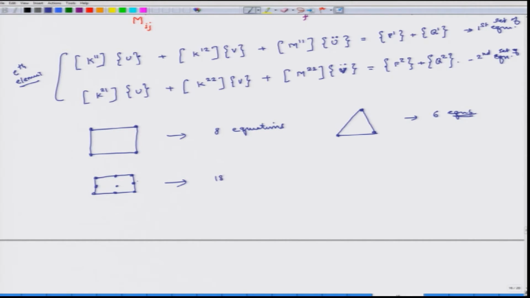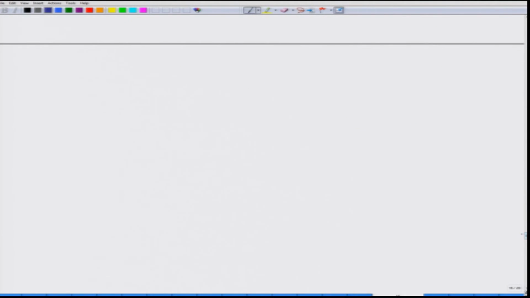So, it will have 18 equations and so on and so forth. Okay. So, I can now club both sets of equations into one big set of equations, and that is what we will write. K11. So, this big matrix has 4 sub matrices.